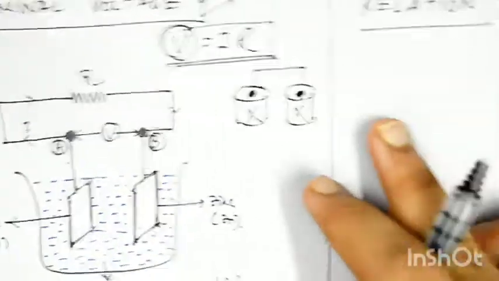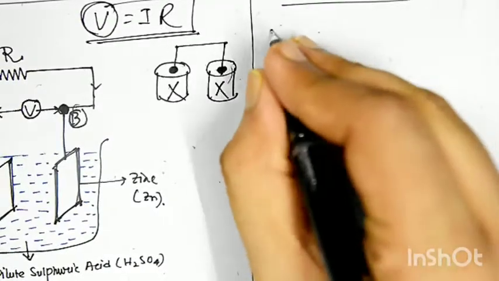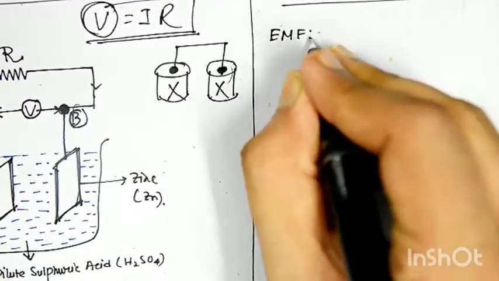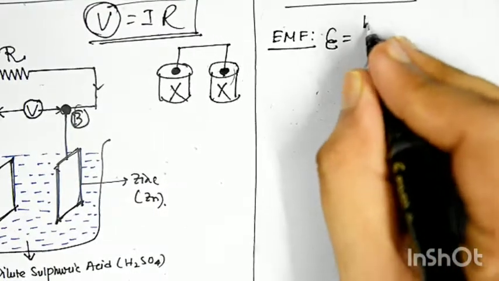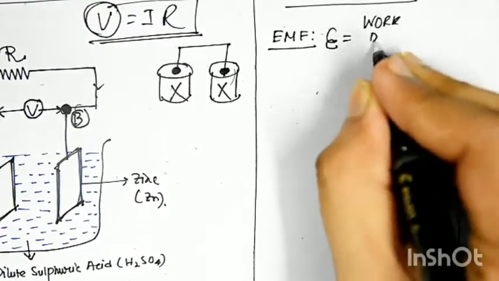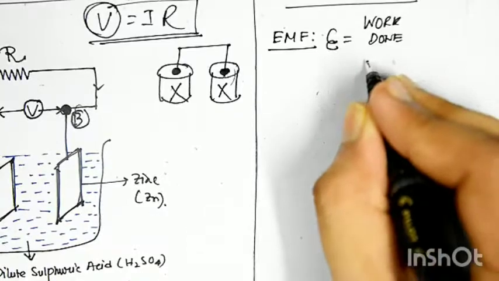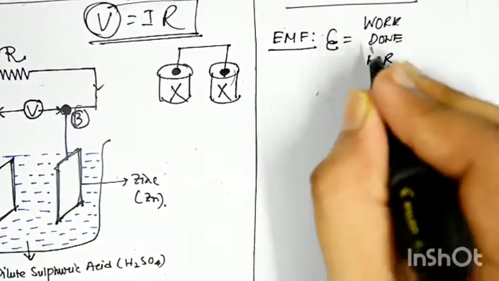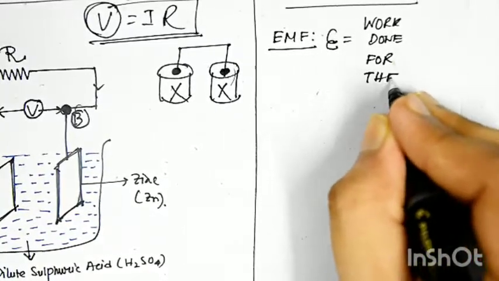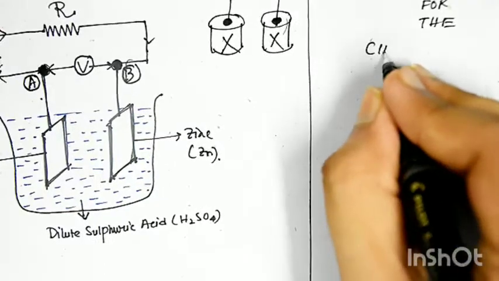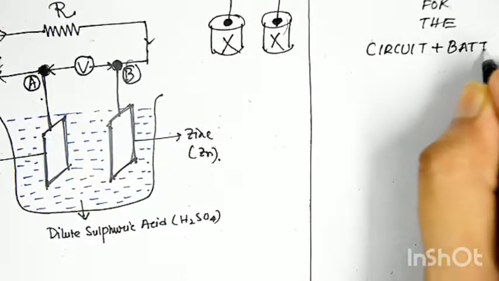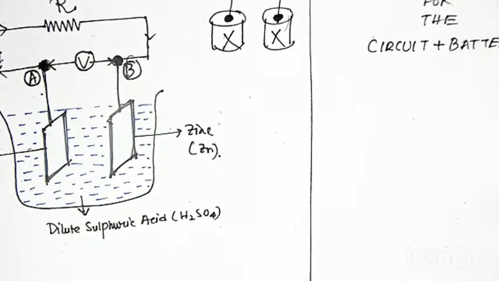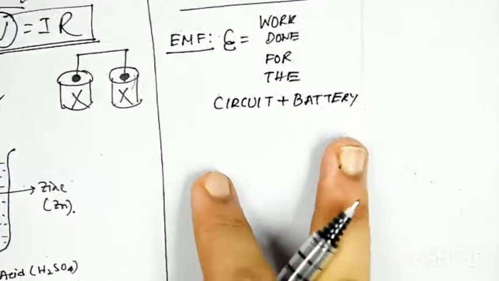Remember, now the relation is very simple. EMF, epsilon, is the work done for the whole thing, for the circuit plus battery. Clear?